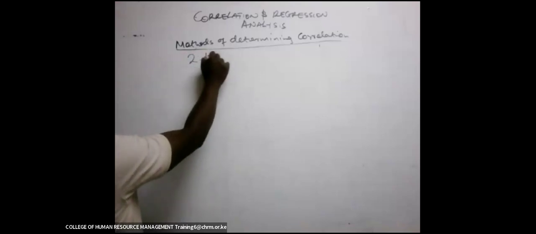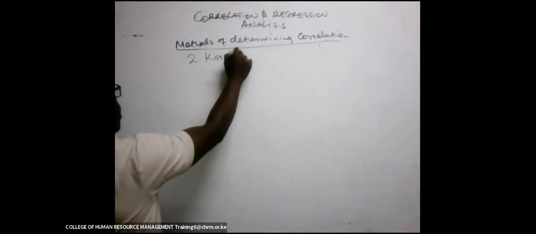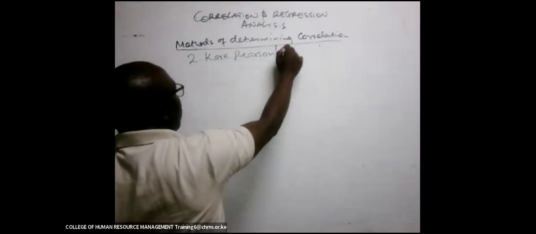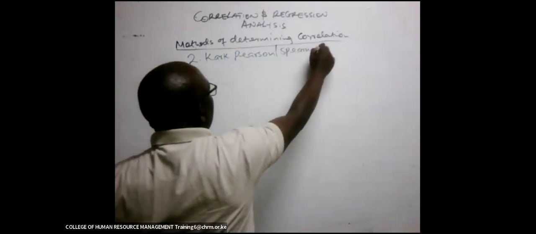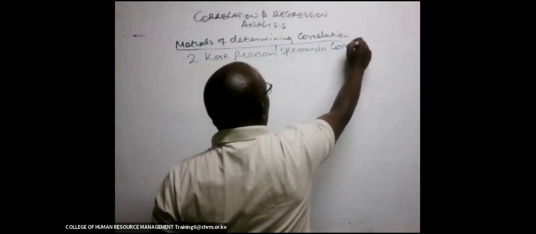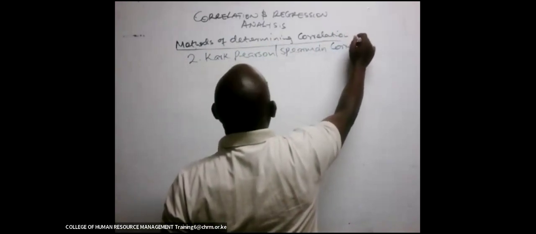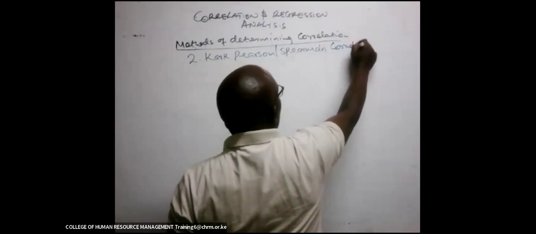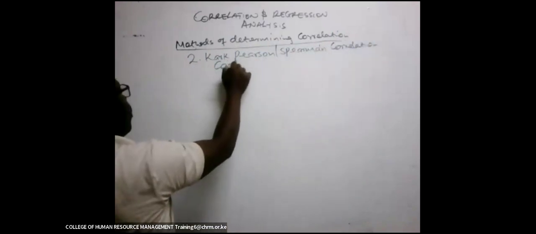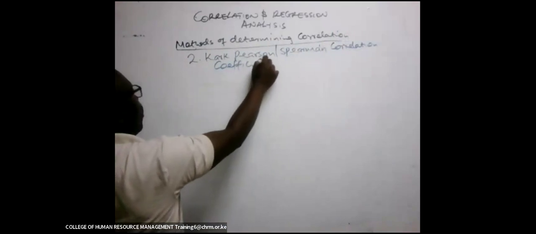Method number 2, we call it Karl Pearson or Spearman correlation: calculating the Karl Pearson or Spearman correlation coefficient.